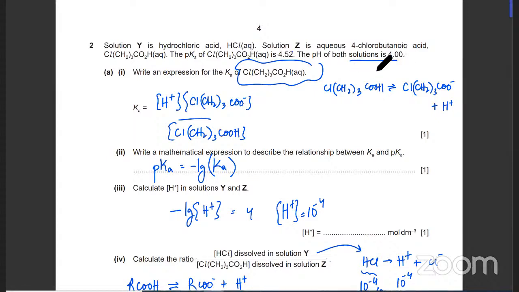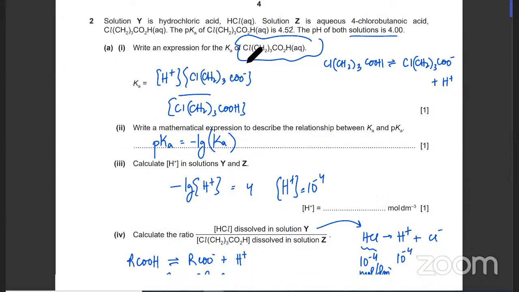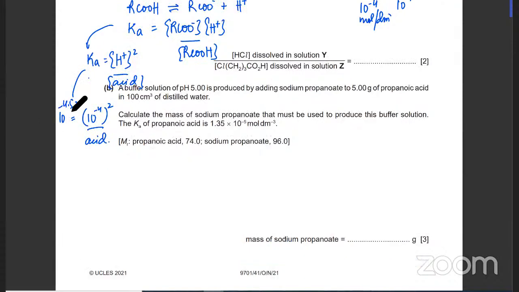So you know H plus 1, and the pK value is also given for the acid. So K would be 10 power minus 4.52. Similarly, H plus 1 concentration would be 10 raised to power minus 4. So you'll find the acid concentration using the same formula.